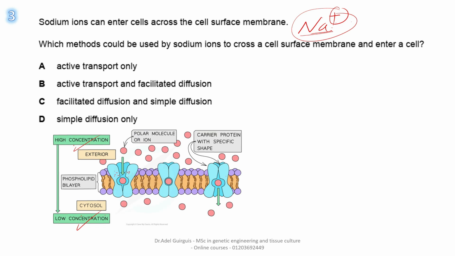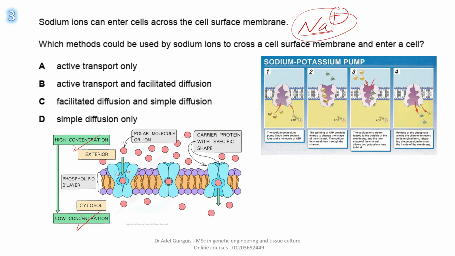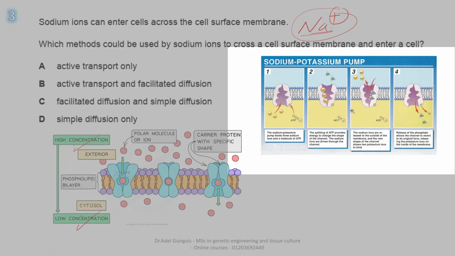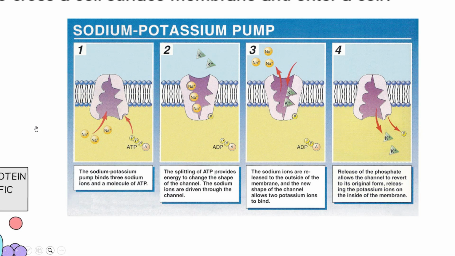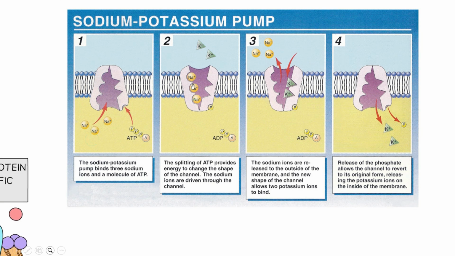What is the second method? The second method is like the sodium potassium pump in the cell surface membrane of all animal cells, for example. Look please at this figure. Here sodium ions pass by a certain carrier protein found within the cell surface membrane. It has a binding site specific for sodium ions to bind with.